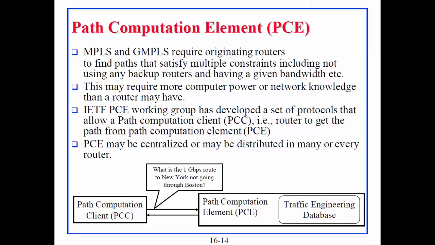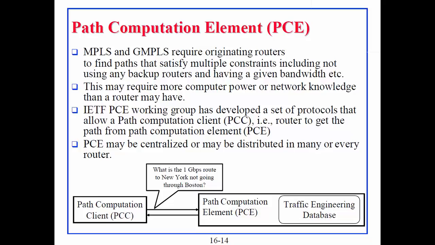So the idea is that let's say there's a client that wants to send a path, and the path has some constraints, and the constraints are: I need to set up a 1 gigabit per second route. I need to go to New York, but my constraint is I don't want to go through Boston.